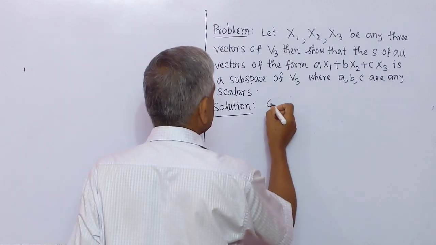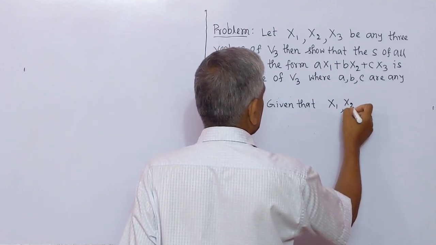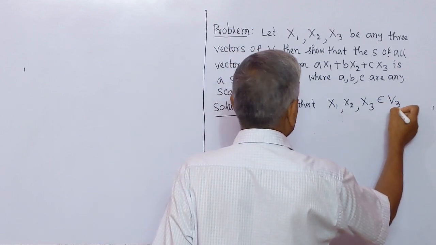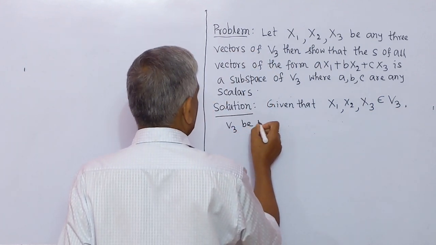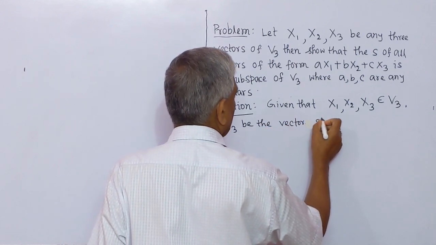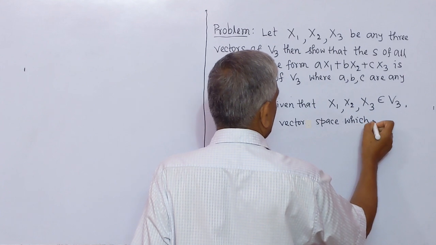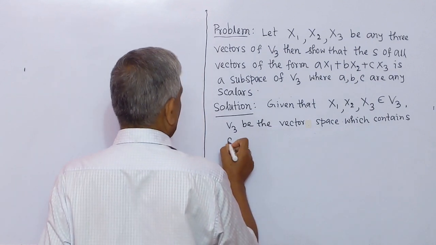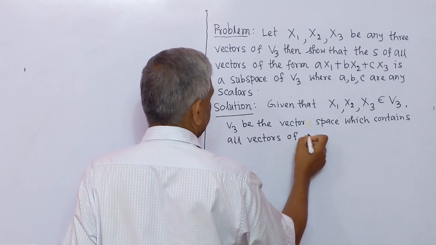Given that x1, x2, x3 belong to V3. Let V3 be the vector space which contains all vectors of 3 tuple.